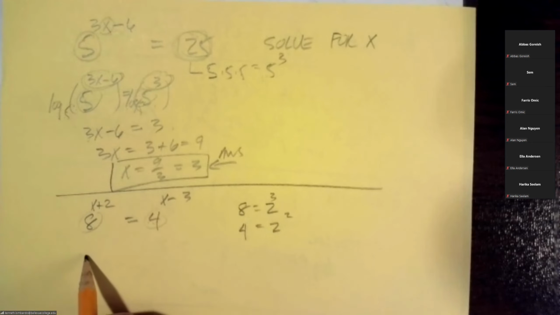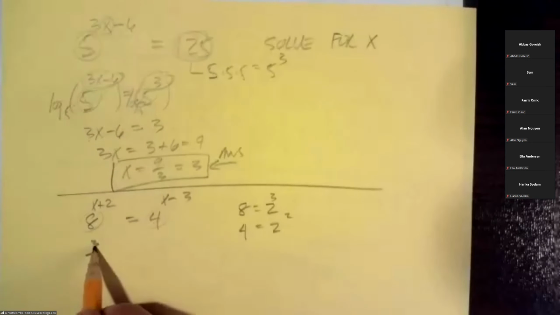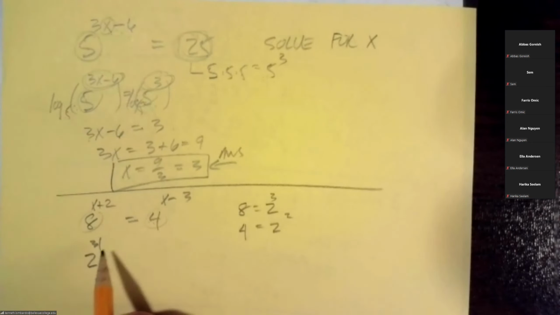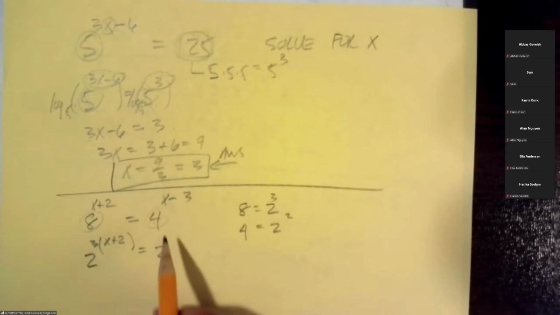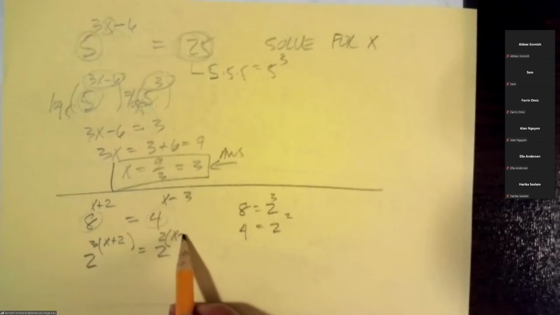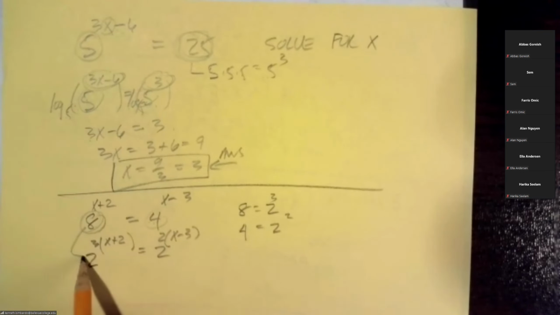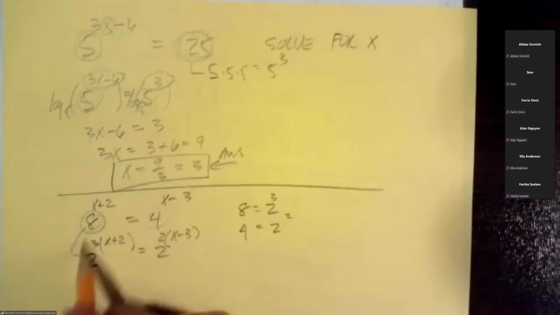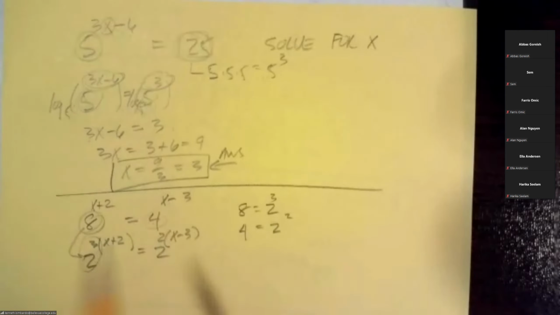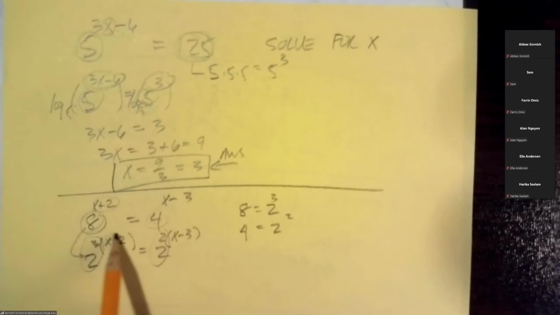So I could say, well, let's see, 2 to the 3rd power to the x plus 2 equals 2 to the 2nd power to the x minus 3. So we've just replaced the 8 with 2 to the 3rd and replaced 4 with 2 to the 2nd. The exponents that were there originally remain the same.